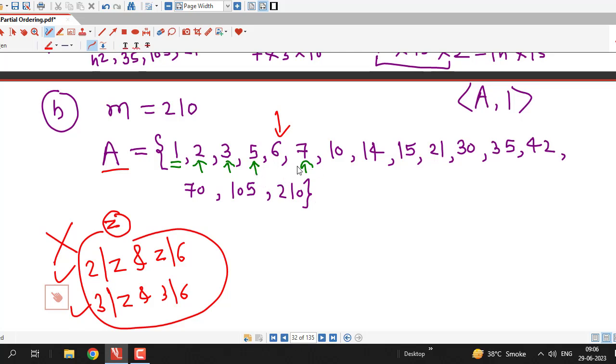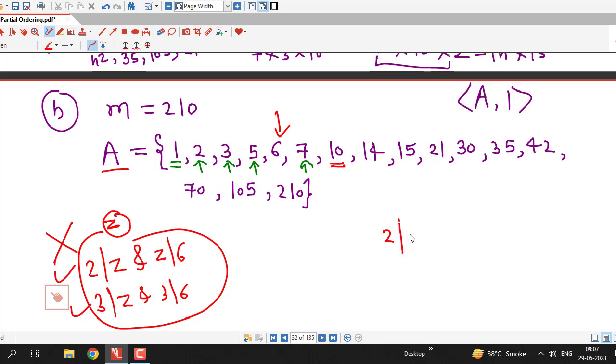Similarly, we can see that 14 cannot be a cover of 2, because 2 divides 7 and 7 divides 14. 10 is a cover of 2 or not, that I have to check. Okay, let me see whether 10 is a cover of 2 or not.